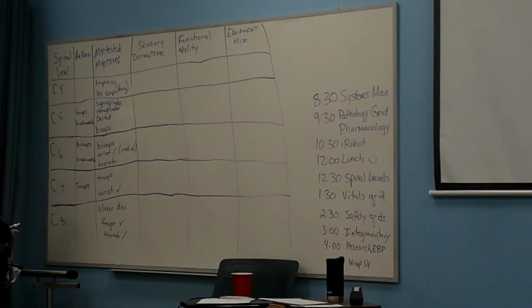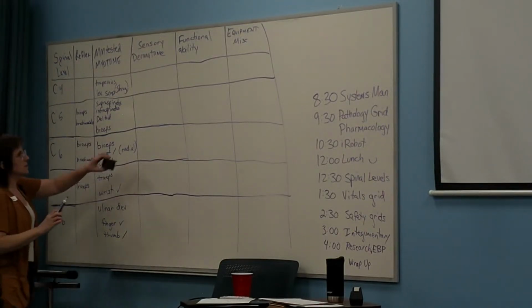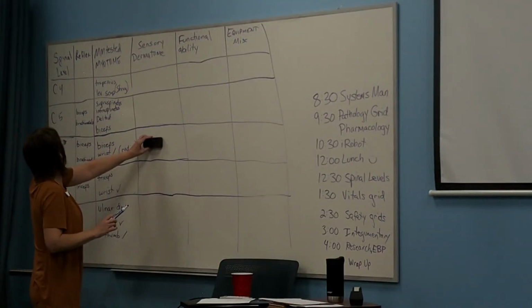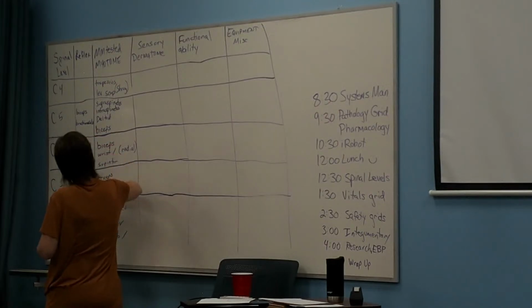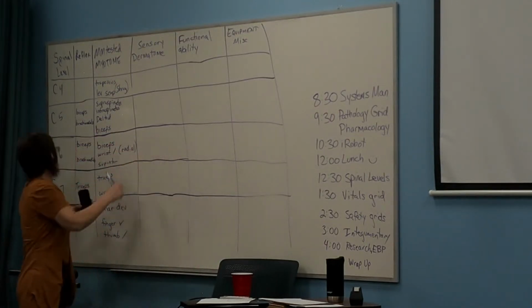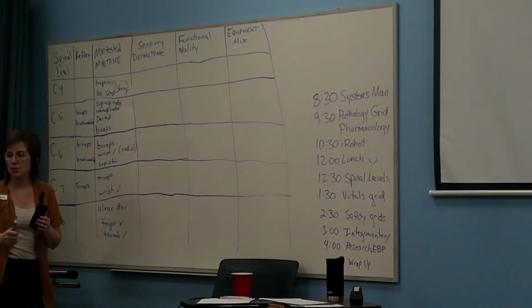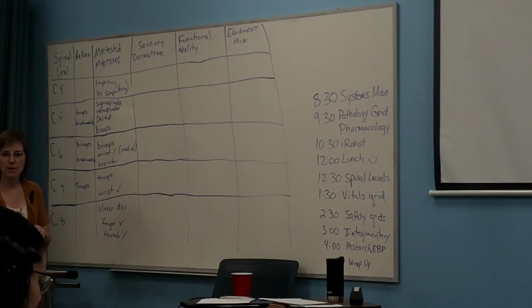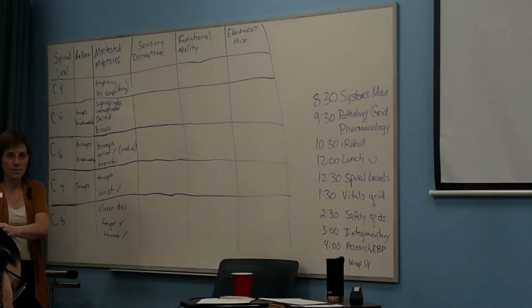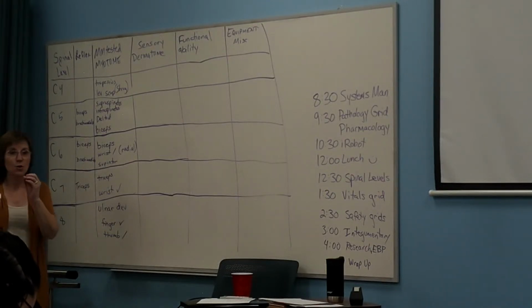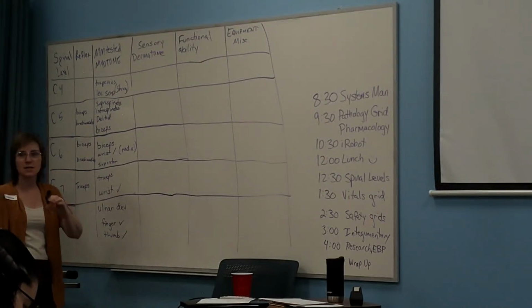Okay. So let's go to sensory. Let's stick with C6 as our starting point, because we can easily see that this stuff is north of this, and this is south. Sensory dermatome, what do you have for C6? What does one of your charts say for what sensory area we are getting? Anterior arm, radial side of the hand, thumb, and index finger. Okay, we are not going to write all that. That is too much to write. We need the non-overlapping. What would specifically give you C6 that couldn't be confused?